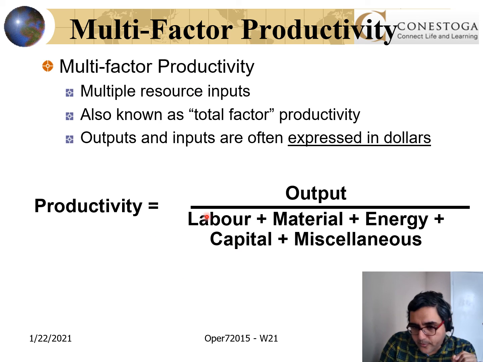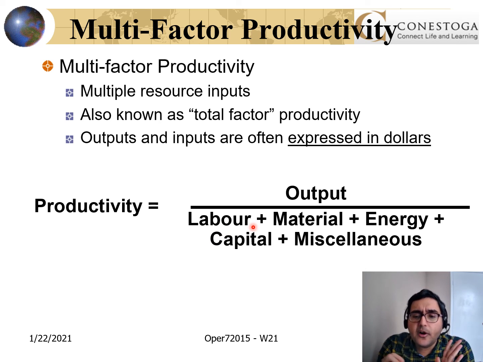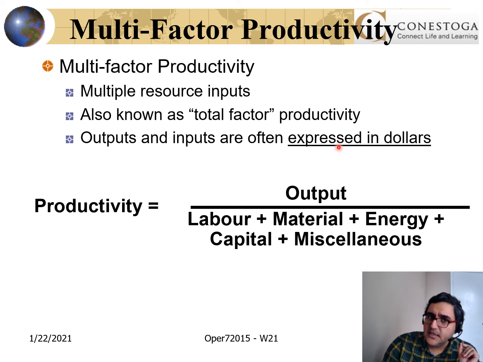When you look at the overall productivity, you will have all the different attributes, say labor, material, and so on. And you can work upon these factors and try to improve your productivity. So sometimes the multi-factor productivity is called a total factor productivity.